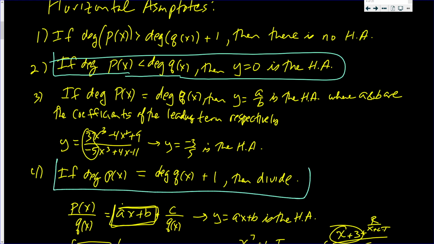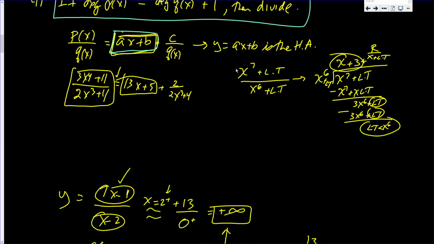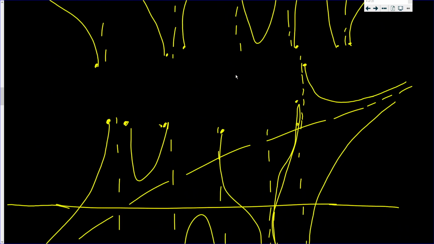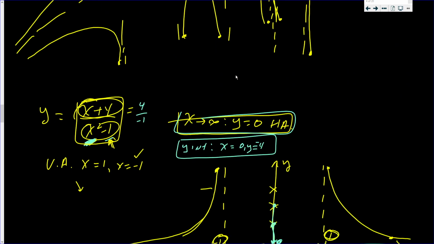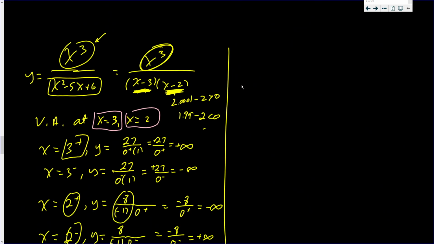If the degree of the top is 1 more than the degree of the bottom, then divide and keep the line. You'll see what I mean when I say keep the line. When you divide, you're going to have a line plus a remainder. So let us do this division.